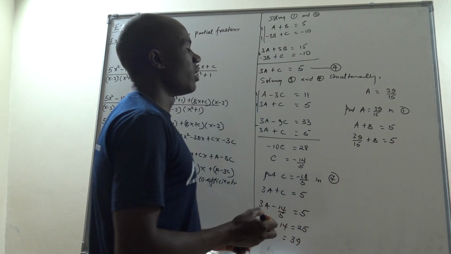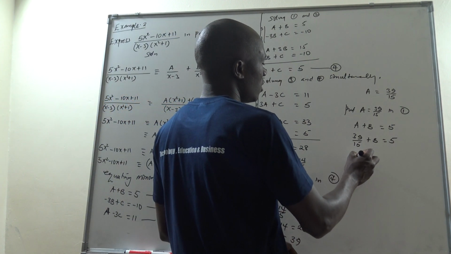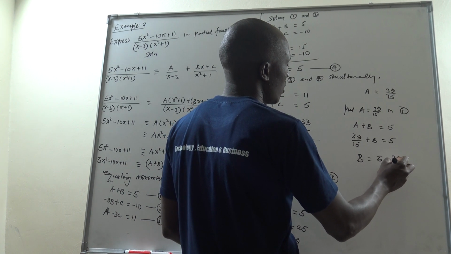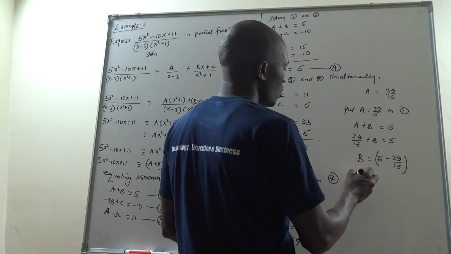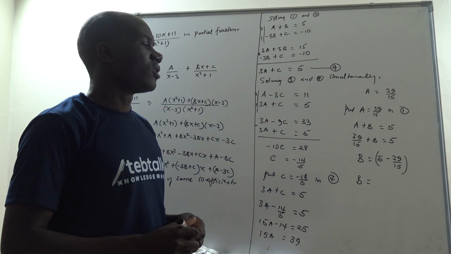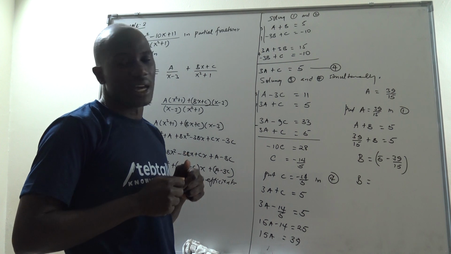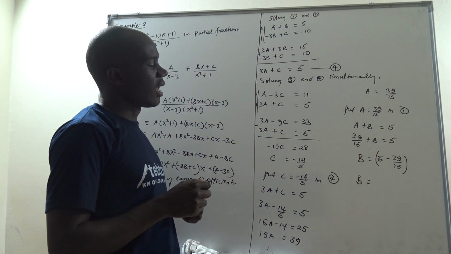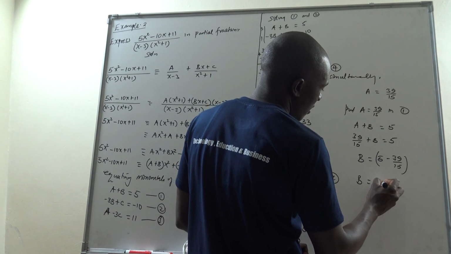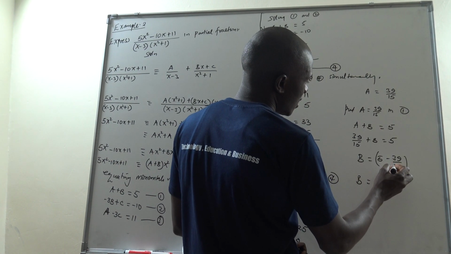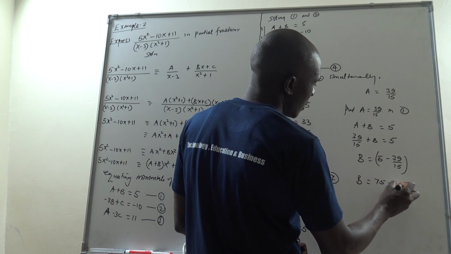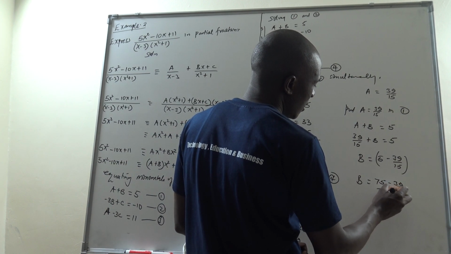So can we make B alone? B is the same as 5 minus 39 out of 15. So when we get the LCM, it remains as 15. Then we are going to multiply that 15 times 5. When you try to solve 15 times 5, we are getting 75, right? So we have 75 minus 39 out of 15.